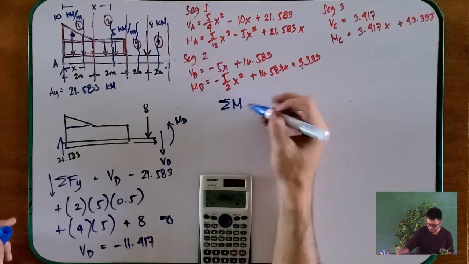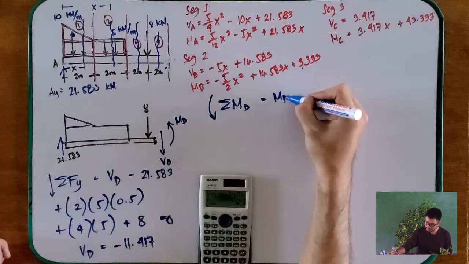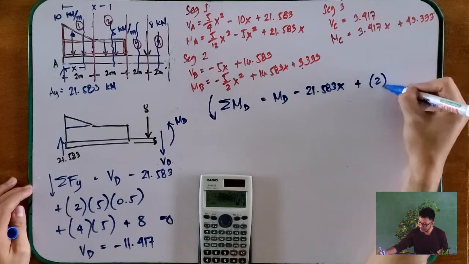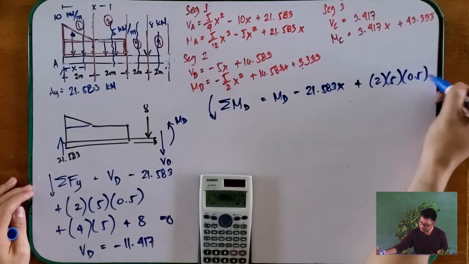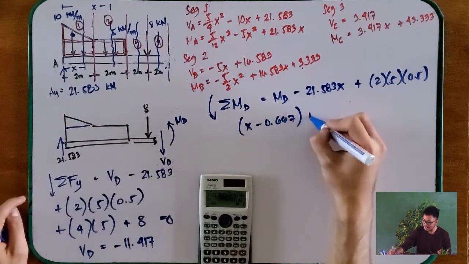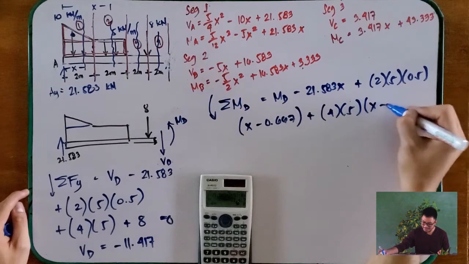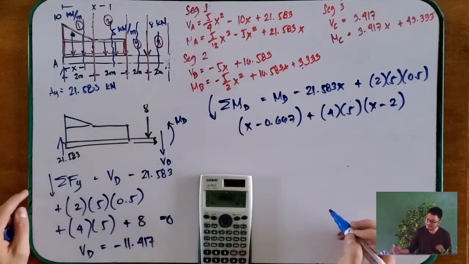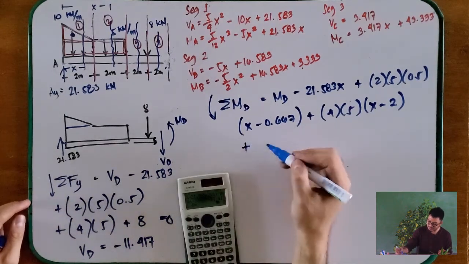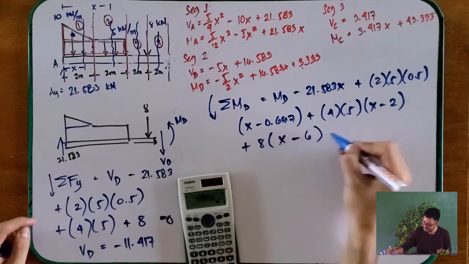Last, summation of moments at point D is equal to MD minus 21.583 times x, plus 2 times 5 times 0.5 with moment arm of x minus 0.667, plus 4 times 5 times moment arm of x minus 2, plus 8 times the moment arm of x minus 6, equals 0.